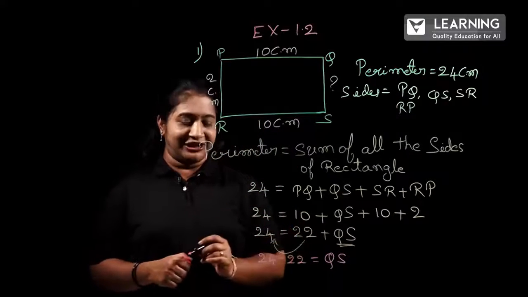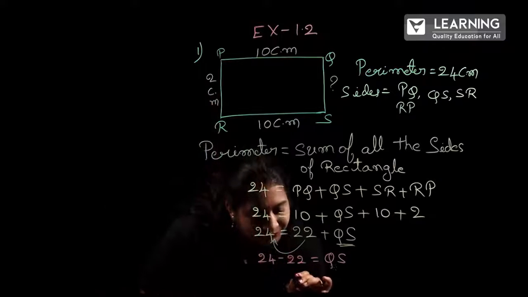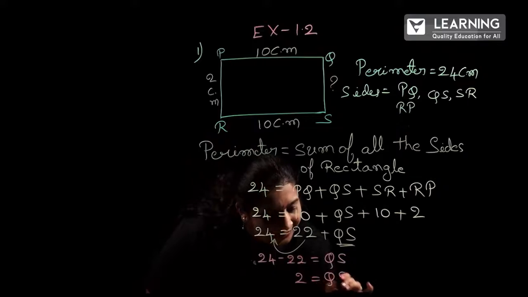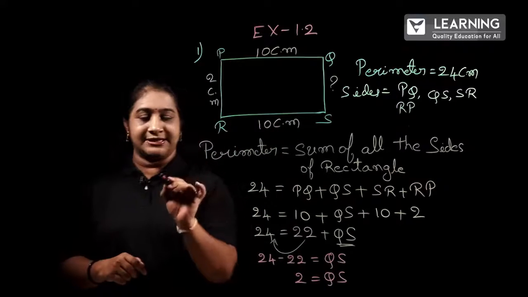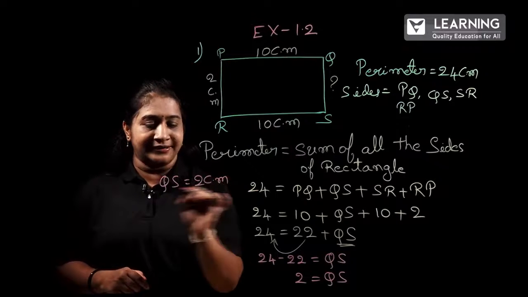What is the value of 24 minus 22? That is 2. 2 is equal to QS. Then QS is equal to 2 centimeter.